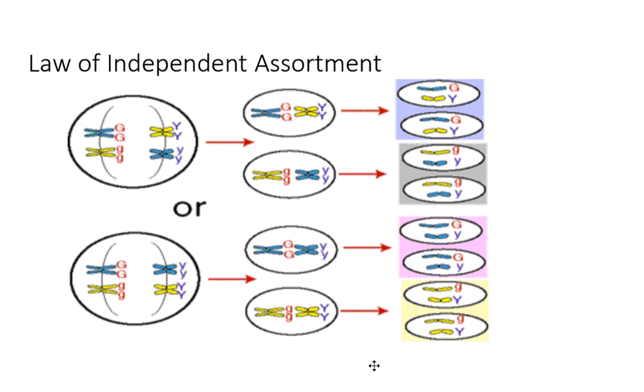Well, again, don't forget that we're just talking about showing what's going on in meiosis. And so we're showing homologous pairs separating in anaphase 1, and then sister chromatids separating again in anaphase 2.